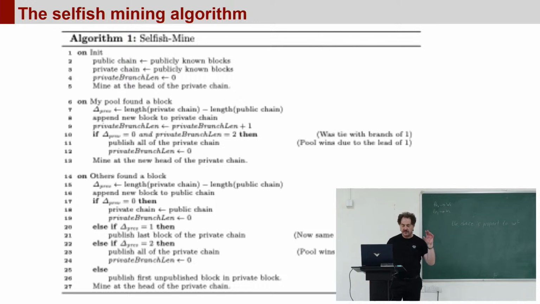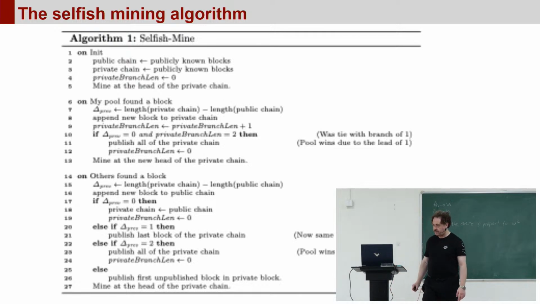So previously the delta was 0 before I found the block, so now the delta is 1, so I should be winning, right? And if I'm winning, then I just flood the network with the private chain, and the private chain overcomes the public chain.